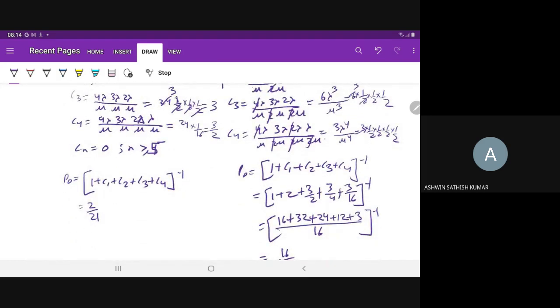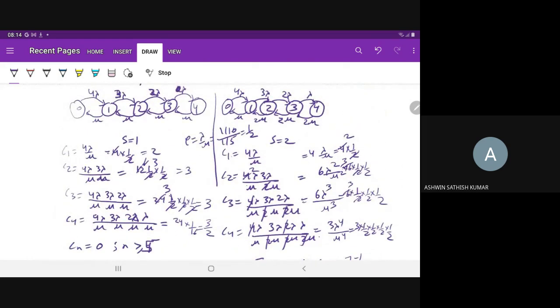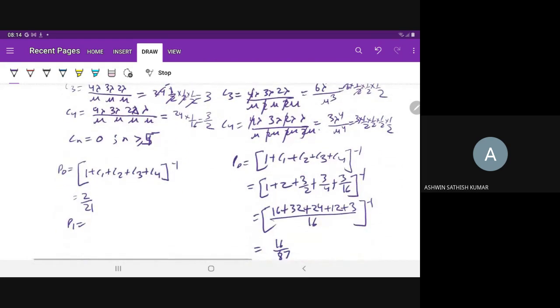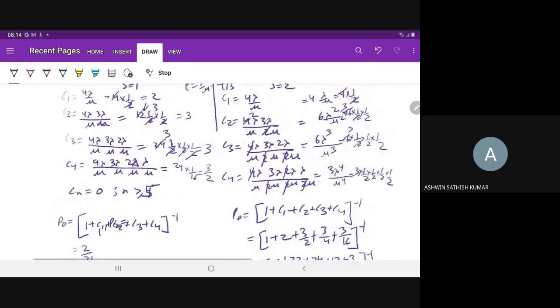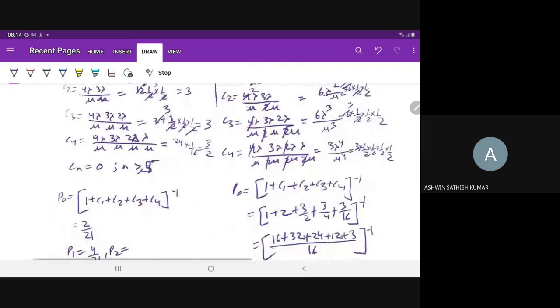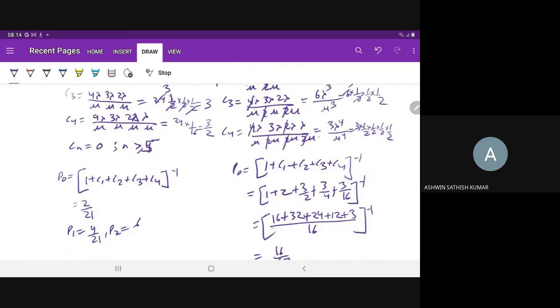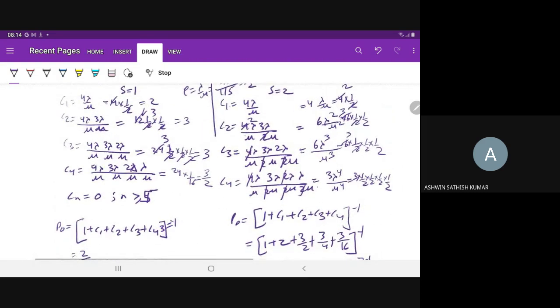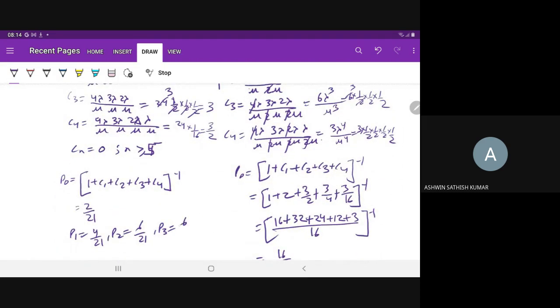Here P1 will come. P1 is equal to, here C1 is 2, so 4 upon 21. P2, here C2 is 3, so 6 upon 21. P3 is 3, so 6 upon 21.